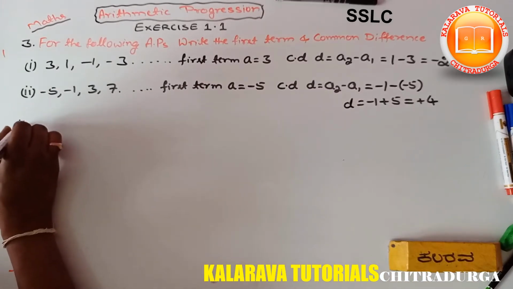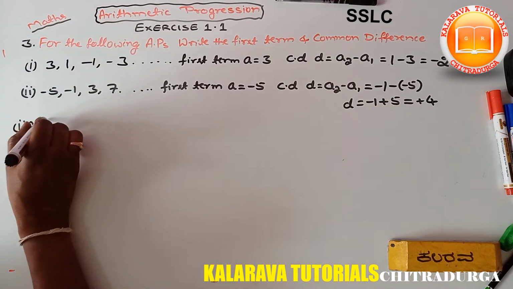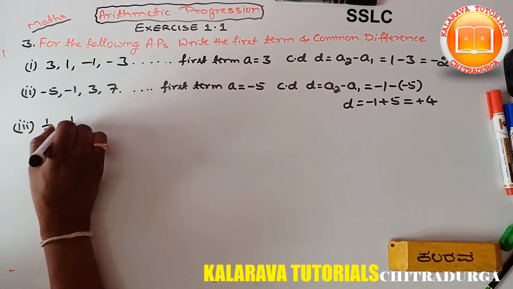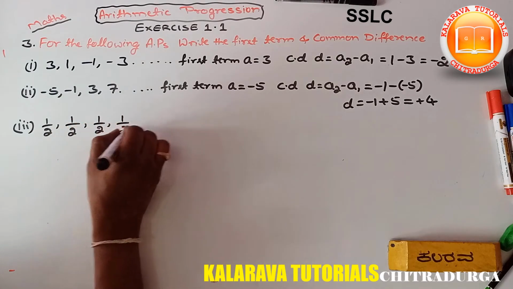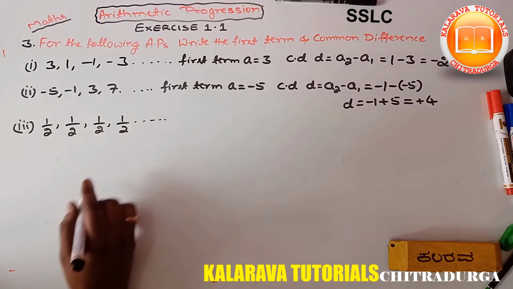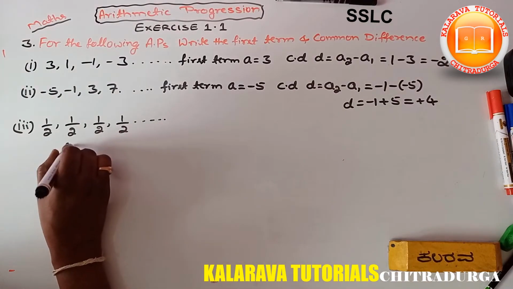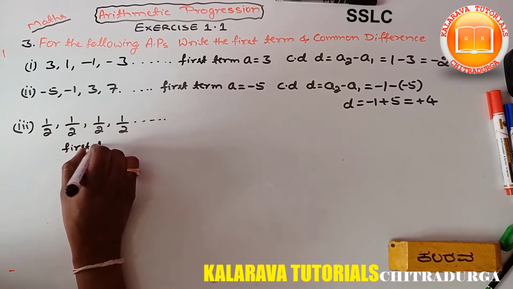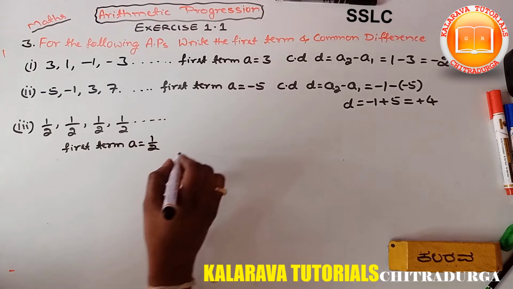In the third problem, the given AP is 1 by 2, 1 by 2, 1 by 2 and so on. For this we have to write the first term. First term A is equal to 1 by 2.